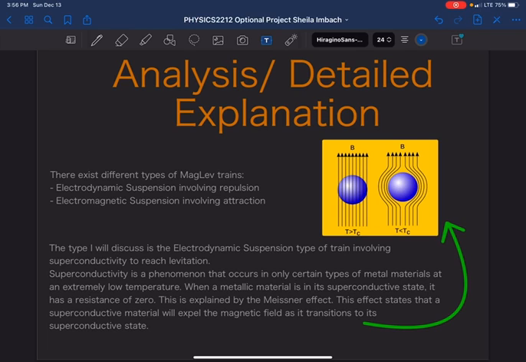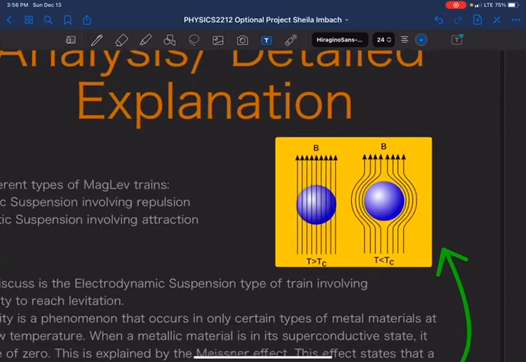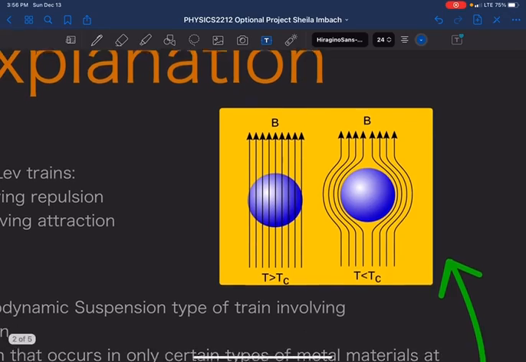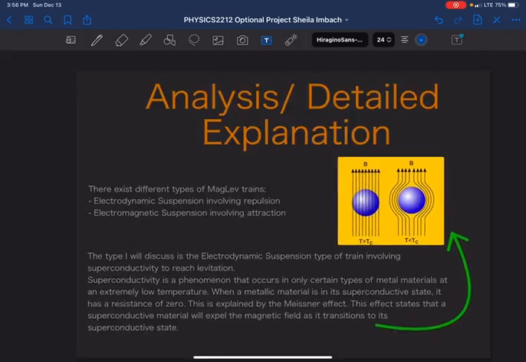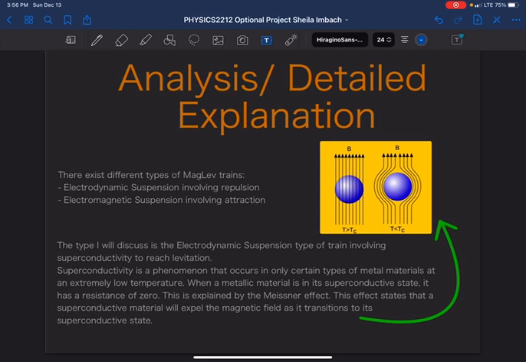This effect states that a superconductive material will expel the magnetic field as it transitions to its superconductive state. Here is an image explaining that process. And I believe it is important to mention that the extremely low temperature that the superconductive material must reach is very specific and different for different types of material.